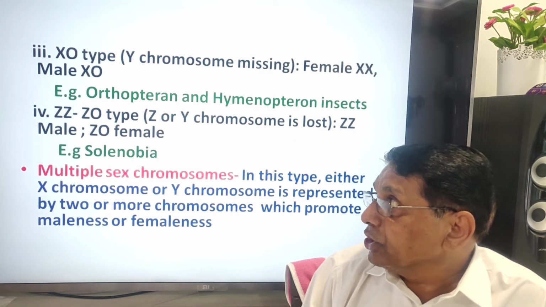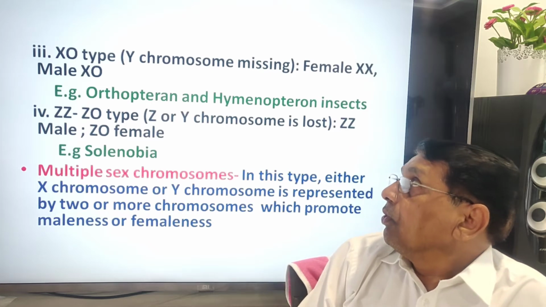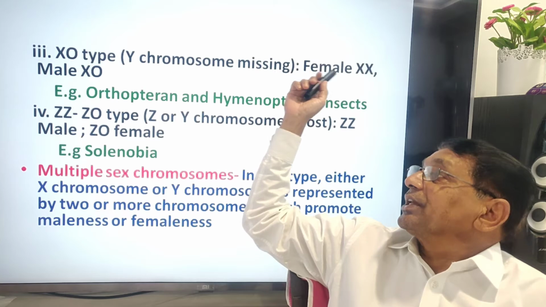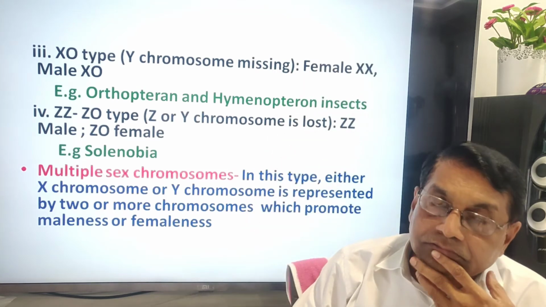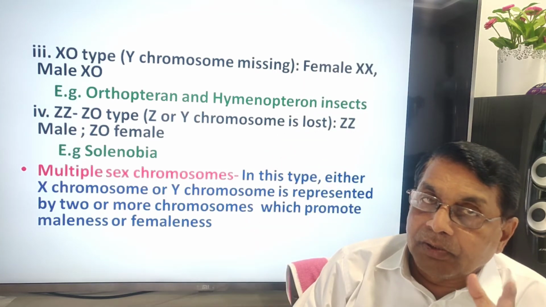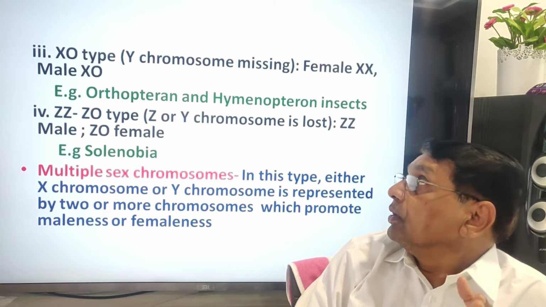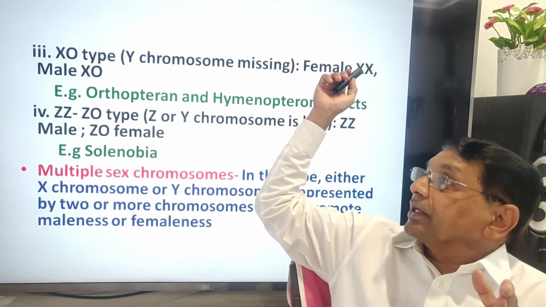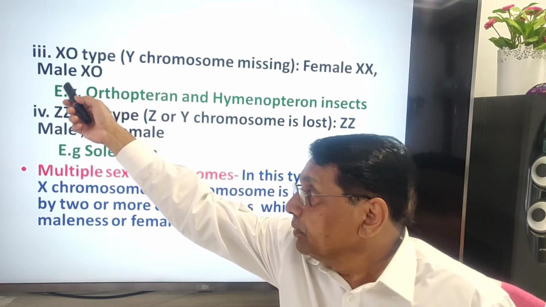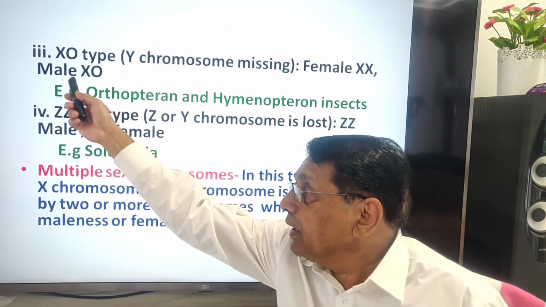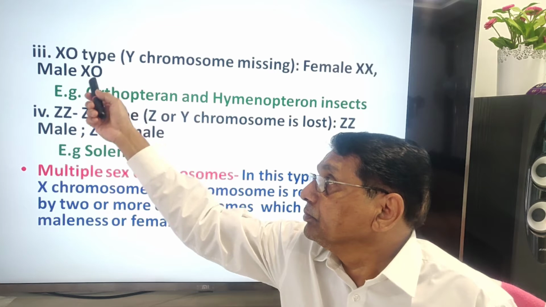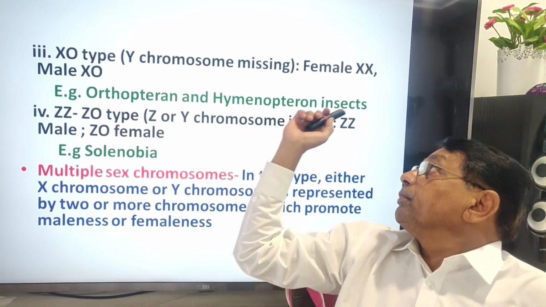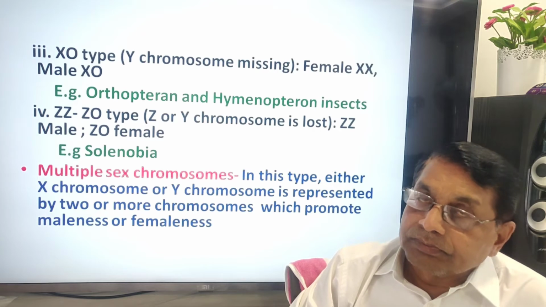Then the XO type: Y chromosome missing, female XX. When you compare with human beings, female is XX, correct, but male is XY, whereas here Y is missing. Examples are Orthopteran and Hymenopteran insects.